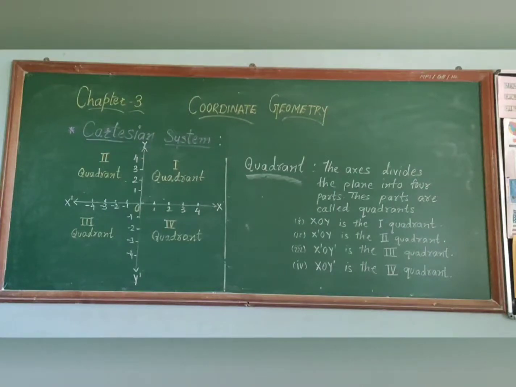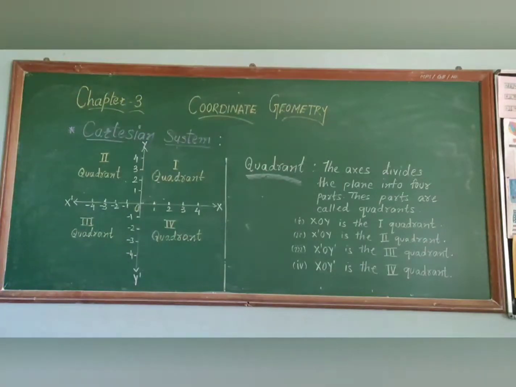As there are four parts, we number them in the anti-clockwise direction. You can see here that XOY is the first quadrant. Then X dash OY is the second quadrant, X dash OY dash is the third quadrant, and XOY dash is the fourth quadrant.